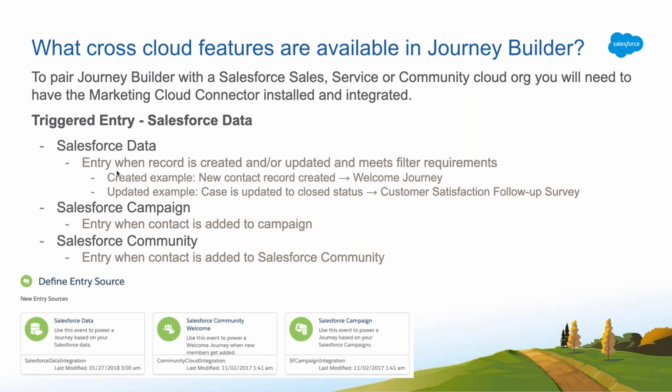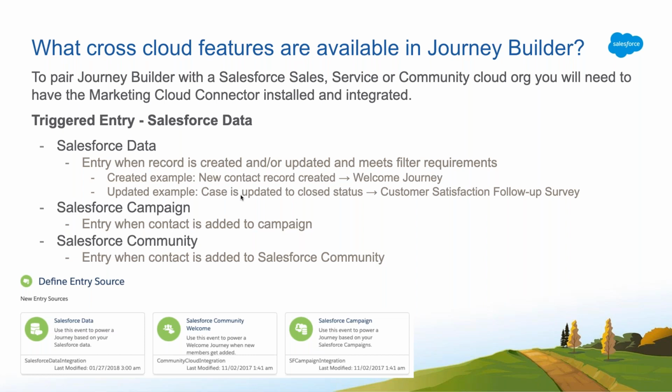We'll also touch on cross-cloud journey reporting in Part 3 of the Journey Builder Basics series next week. If you want more information on the Marketing Cloud connector, please check the resources at the end of the deck. We'll include Trailhead, Salesforce documentation, and of course, links to the recent LookupAnswers session on Marketing Cloud Connect.